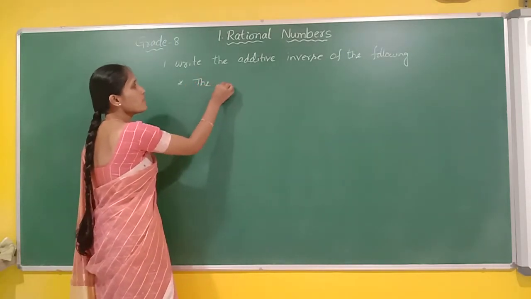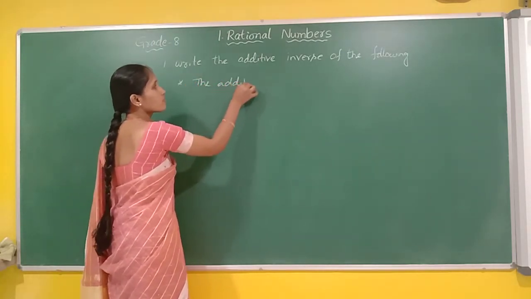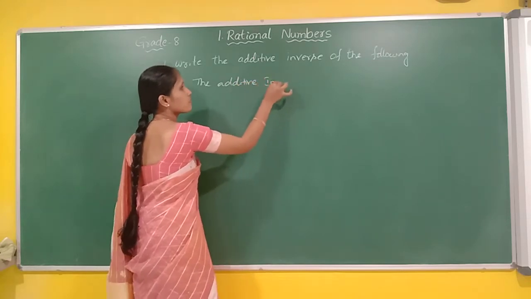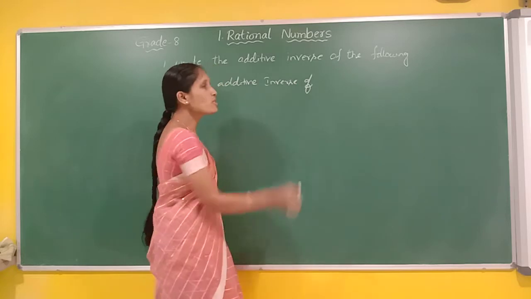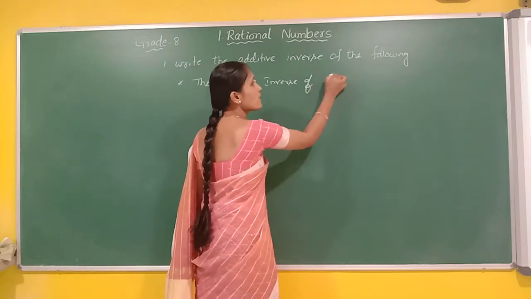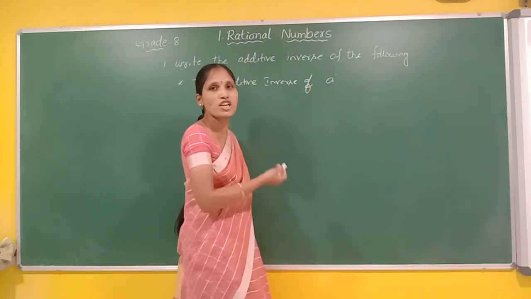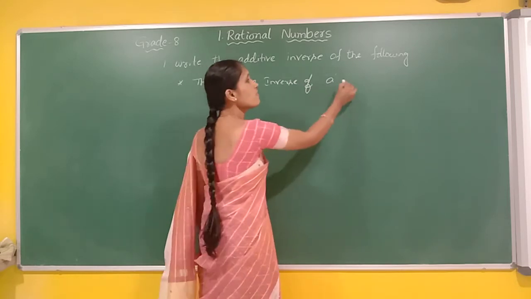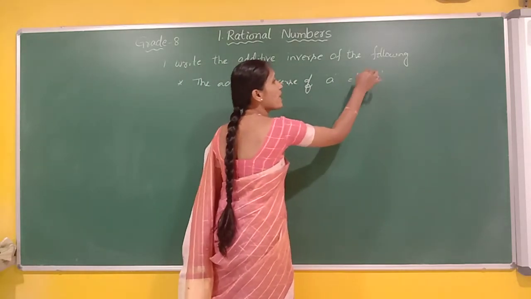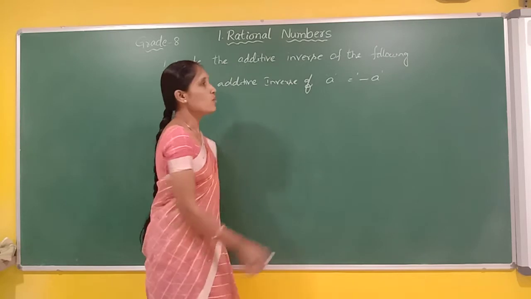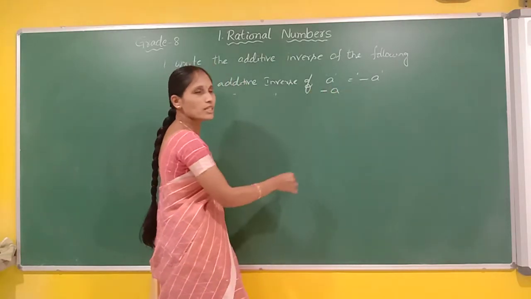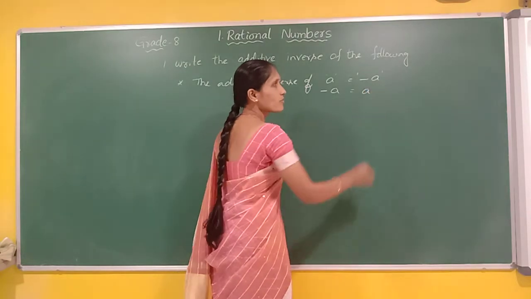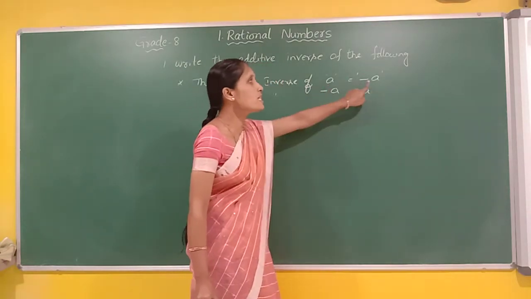Suppose A is any integer, any rational number. What is the additive inverse of A? Yes, that is nothing but minus A. What is the additive inverse of minus A? That is A. My children, the additive inverse of A is minus A only.